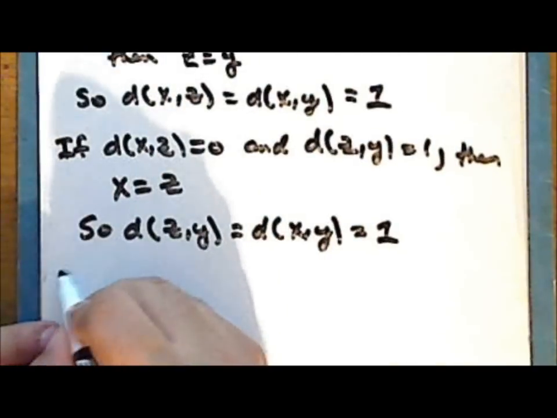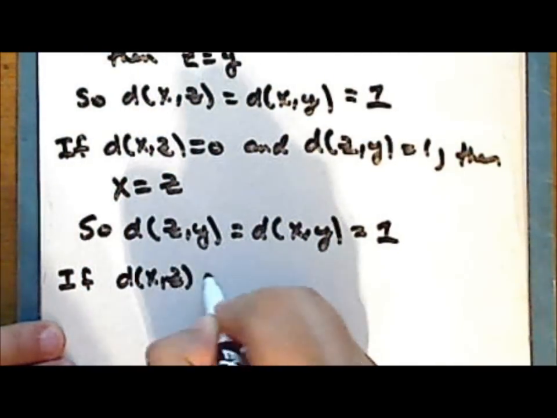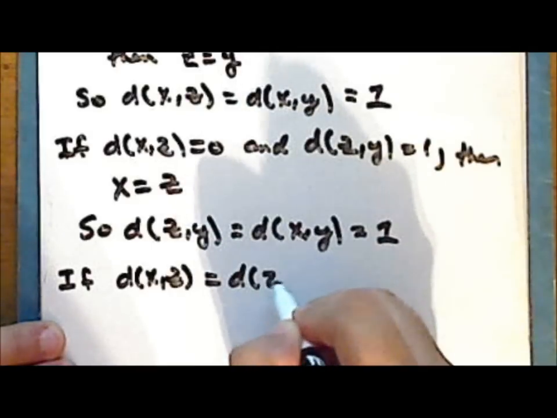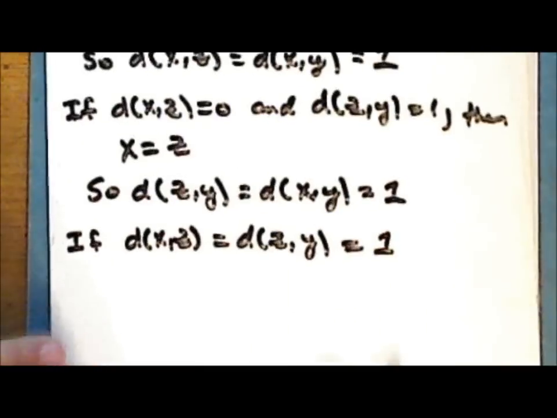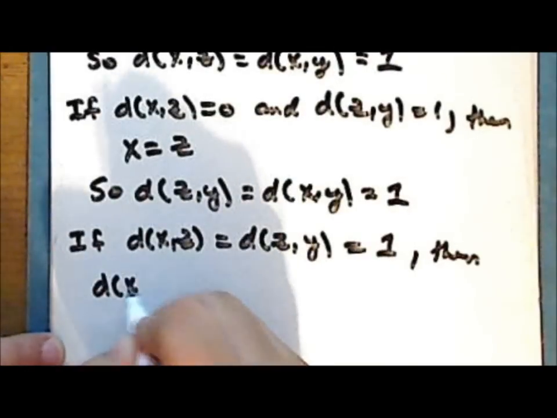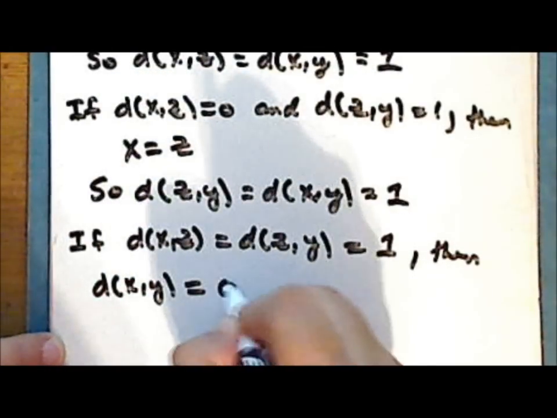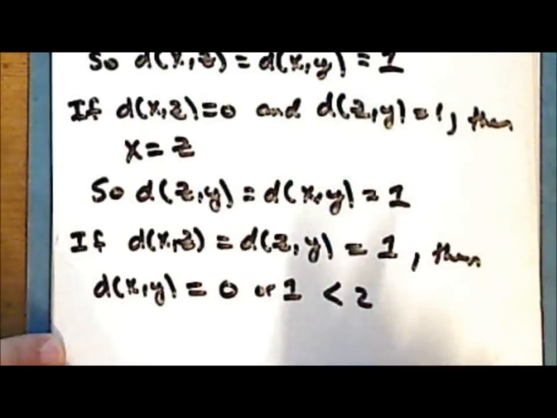So in the last case, if the distance from x to z and the distance from z to y are both 1, then the distance from x to y is either 0 or 1, but certainly less than 2.